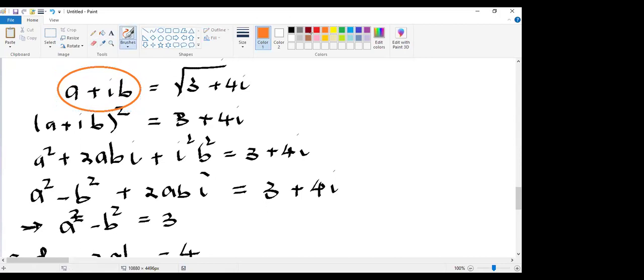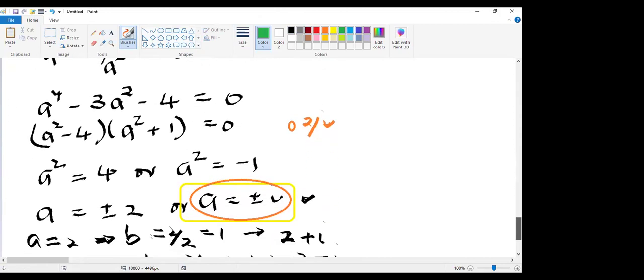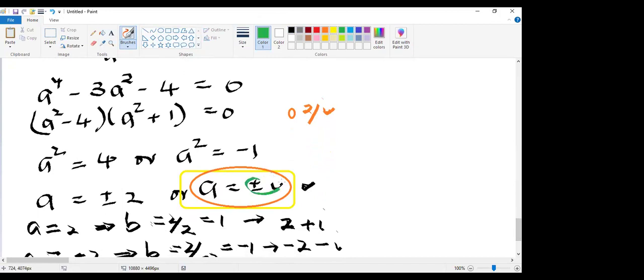I want you to take note of the fact that a and b are real. That's very important. So the moment you come down here and you find the a, which is i, not real, then you reject it. Because from the original thing we were saying, if it is a complex number, the a and the b are real. So this one that is giving you an a that is not real, reject it. So you're going to end up with those 2 answers.